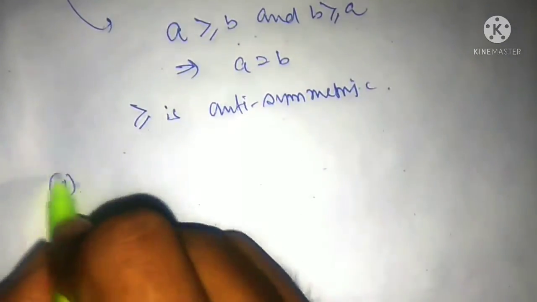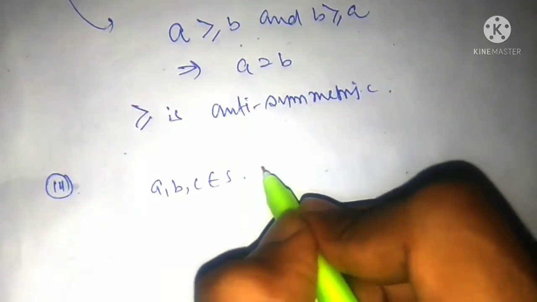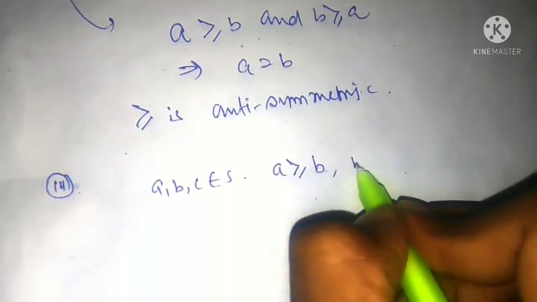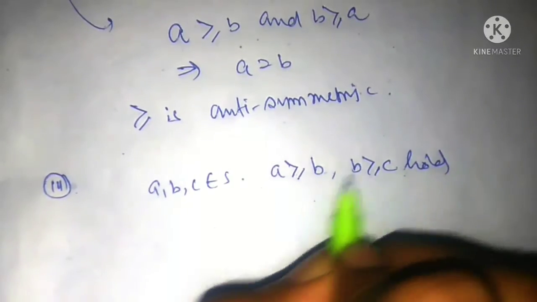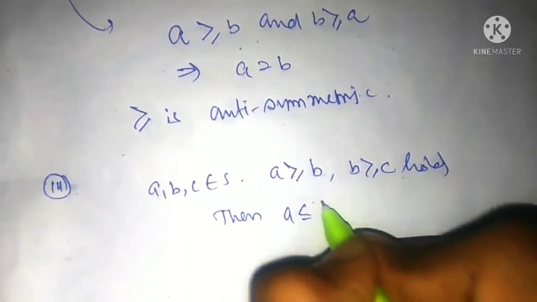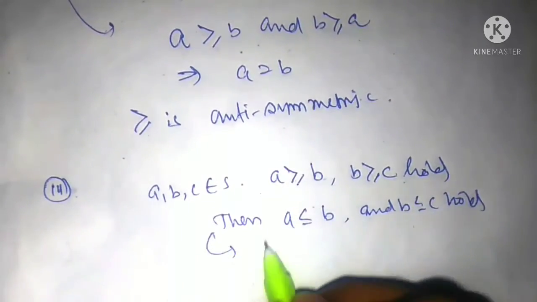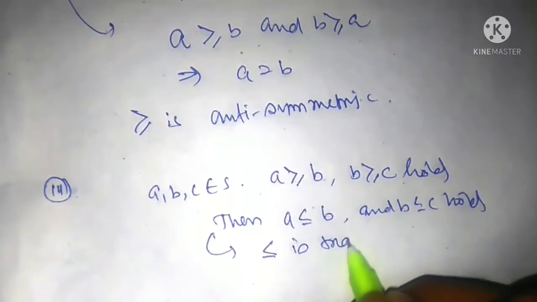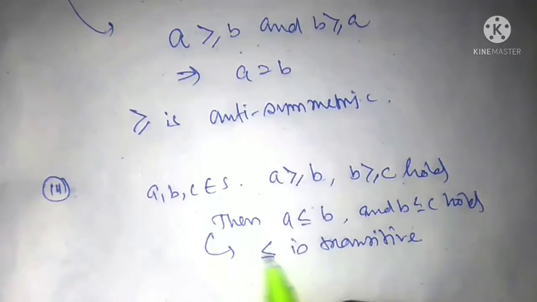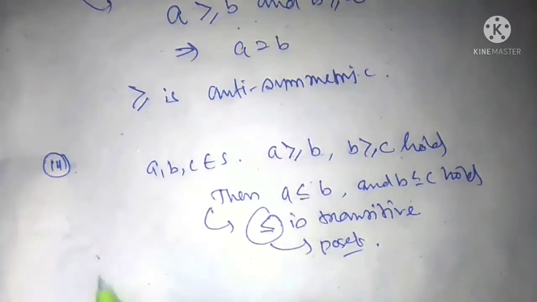Now third is transitive. Let a, b, c belong to S and a greater than equal to b, b greater than equal to c hold. Then a less than equal to b and b less than equal to c always hold, since this is a poset and so transitive.